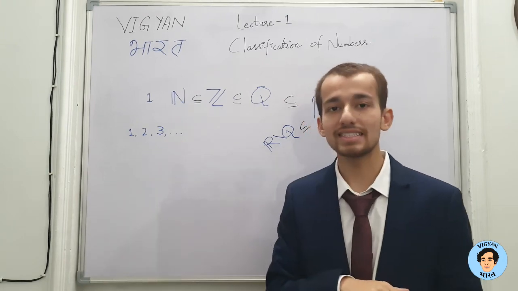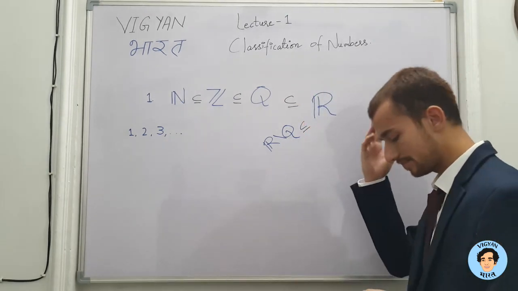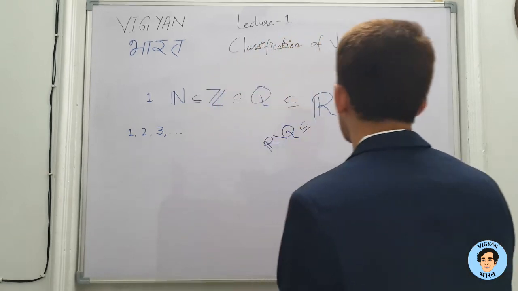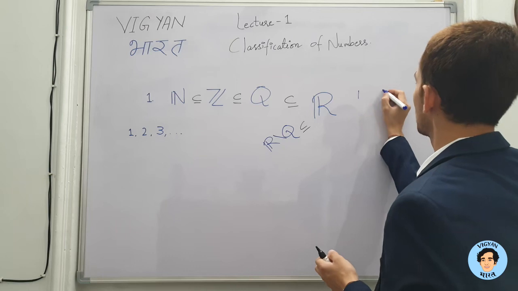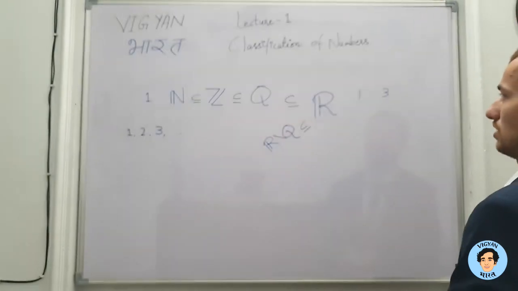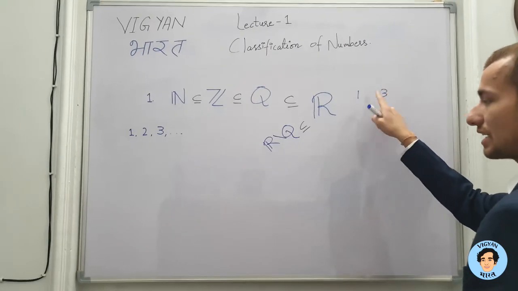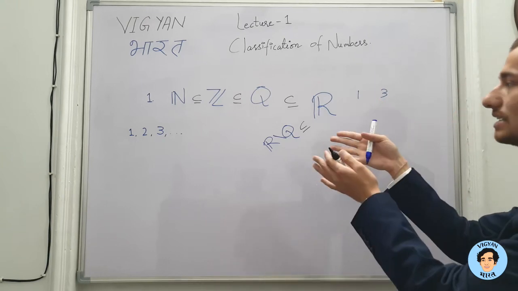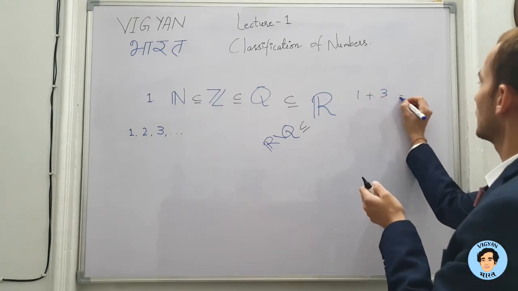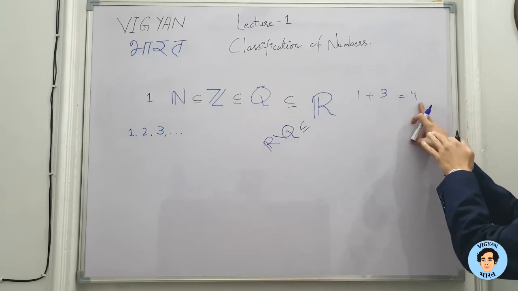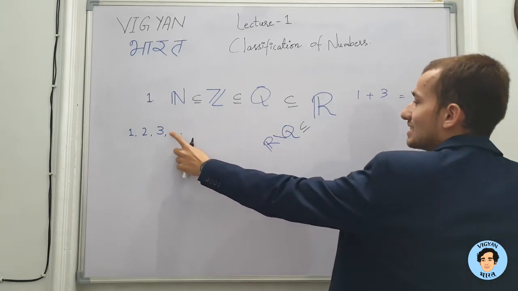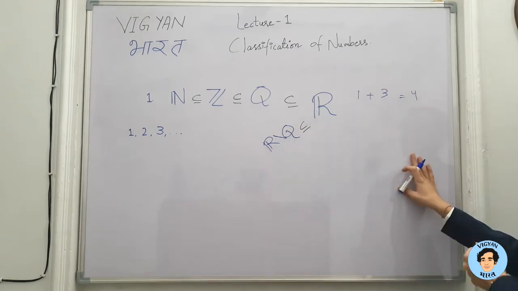If for instance I take any 2 numbers, for example 1 and 3, and apply the binary operation addition on them, that's quite easy, and definitely we get 4, which is present in this list after 3.